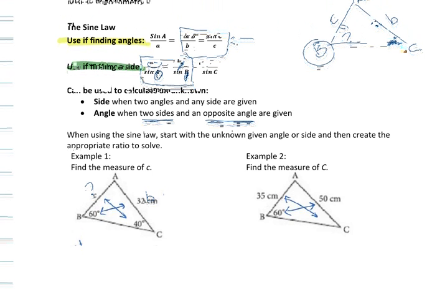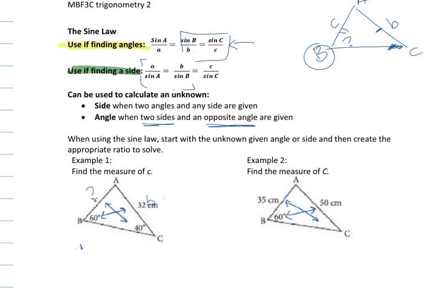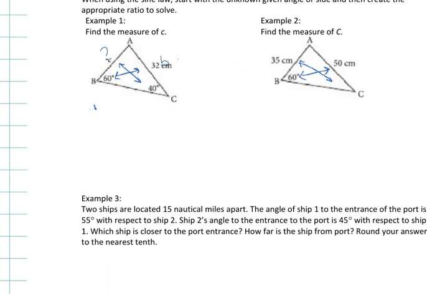And since I know B and I'm looking for C, so which one of these three I'm going to use? The B and the C, right? So I'm going to use these two. Okay? So I'm going to write it down. So B over sine B equals to C over sine C.